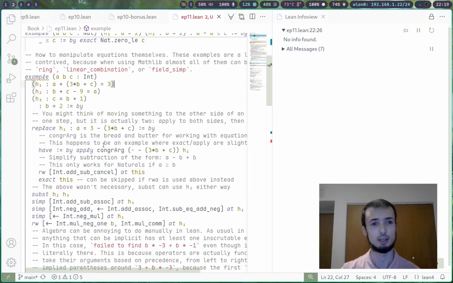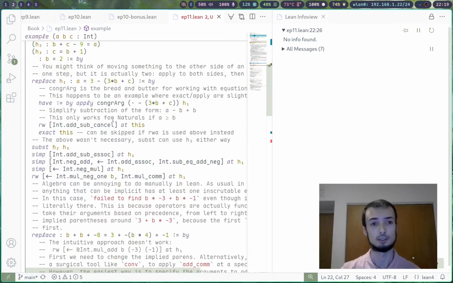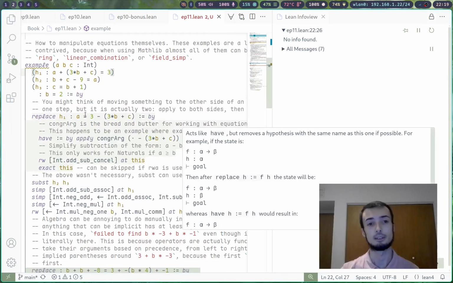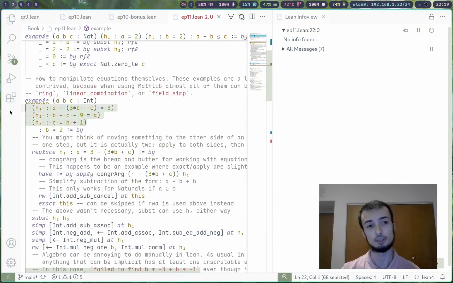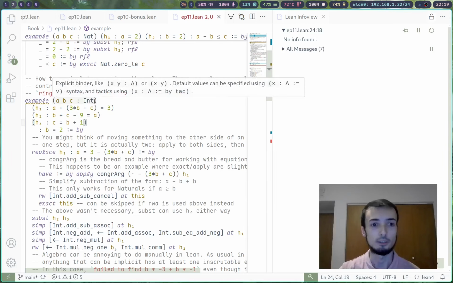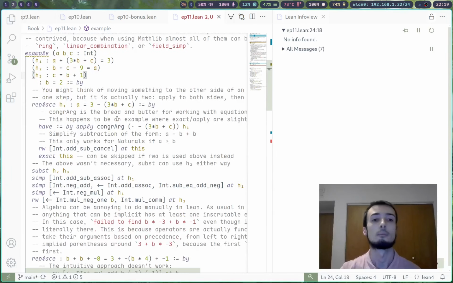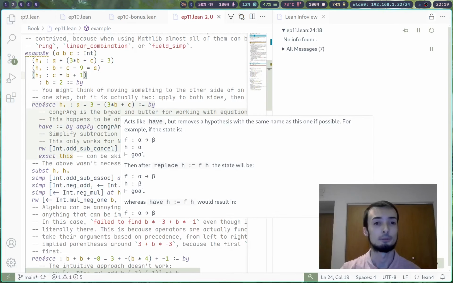I added a lot of comments, so you should be able to read those and see what I'm trying to show here. Basically, this problem is, I forget what you call it, a system of equations problem. You have multiple different equalities that you need to manipulate and use with respect to each other.